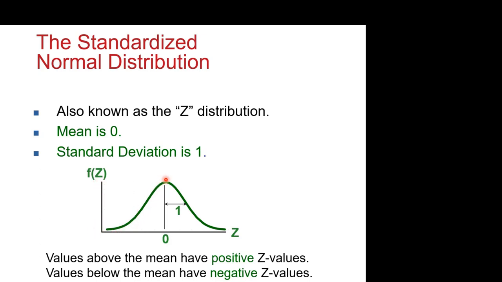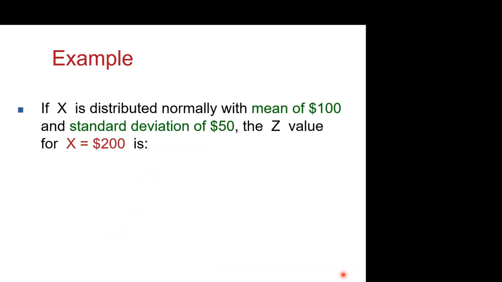For all standardized normal distributions, mu will be equal to 0 and standard deviation will be equal to 1. All the values above the mean, which is 0, will have positive values of z. However, if the values are below the mean of 0, z will have negative values.